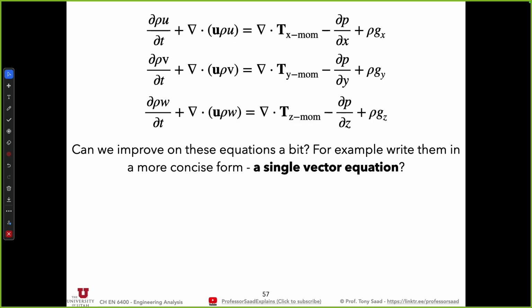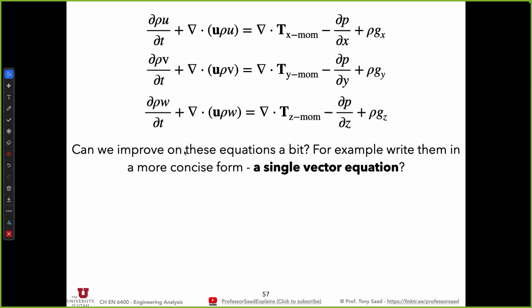Okay, so now my question is, can we improve on these equations? Can we make them a little simpler, a little more concise, so that instead of having to write three different equations every time, I can write all of these as a single equation?